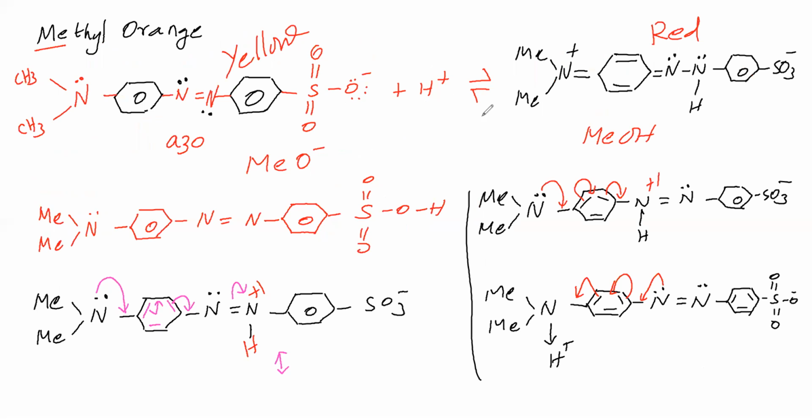Backward will favor. Backward is favoring means which species is getting dominating? This is dominating, so this color only will appear in the resultant solution. Therefore, resultant solution will exhibit this yellow color.